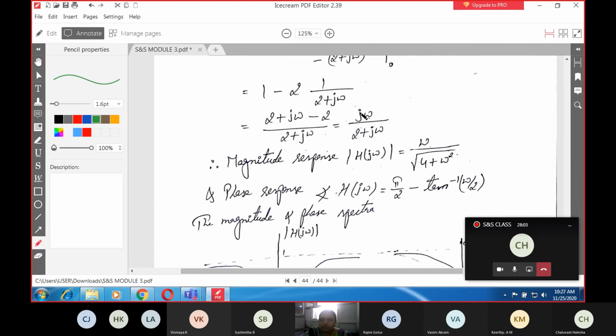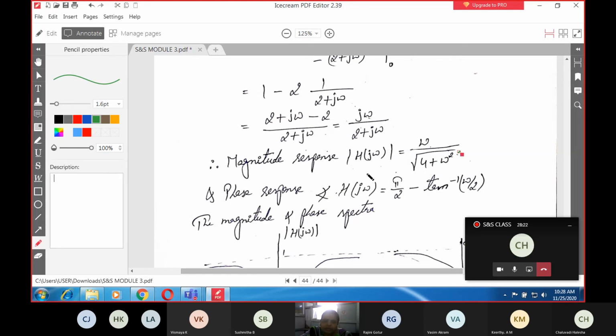What is the magnitude? Here only the imaginary part omega is there, so you'll get the square root of omega square, the square root and square cancel, so you'll get omega only, divided by the square root of real 2 square, 4, plus j omega square.